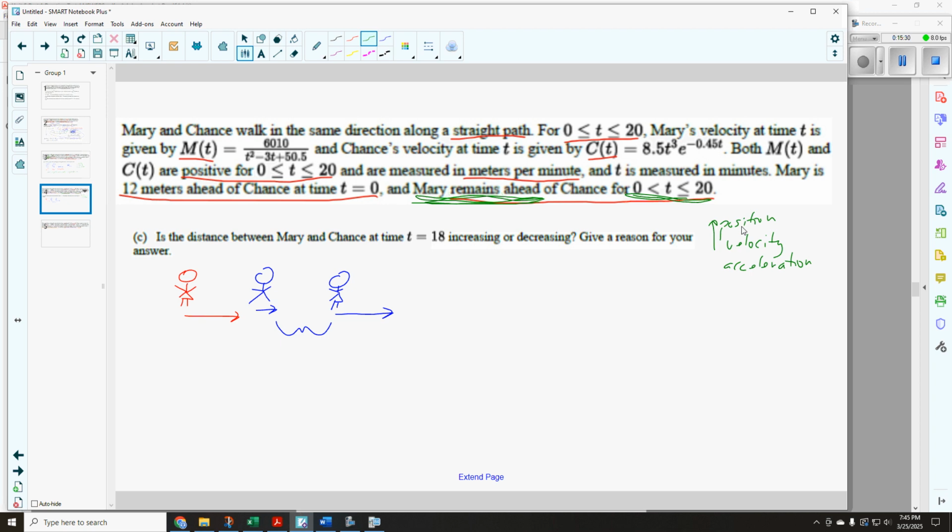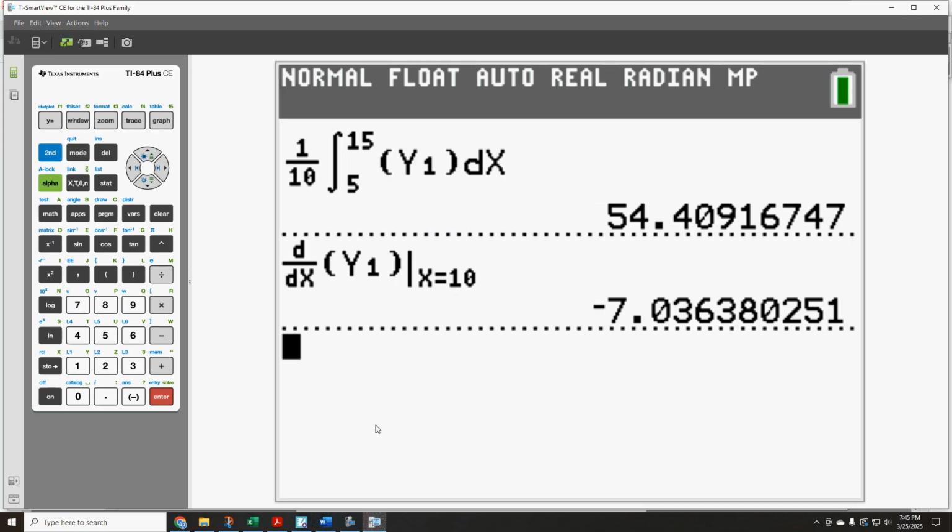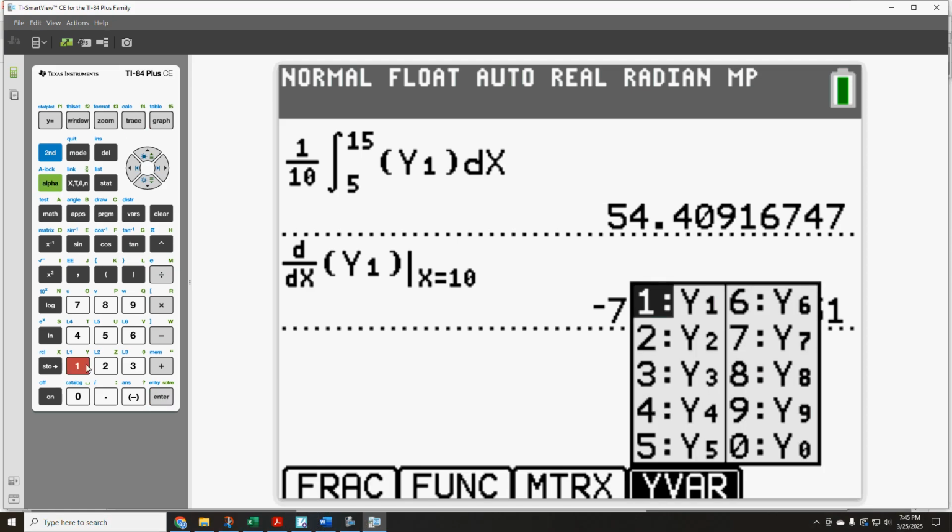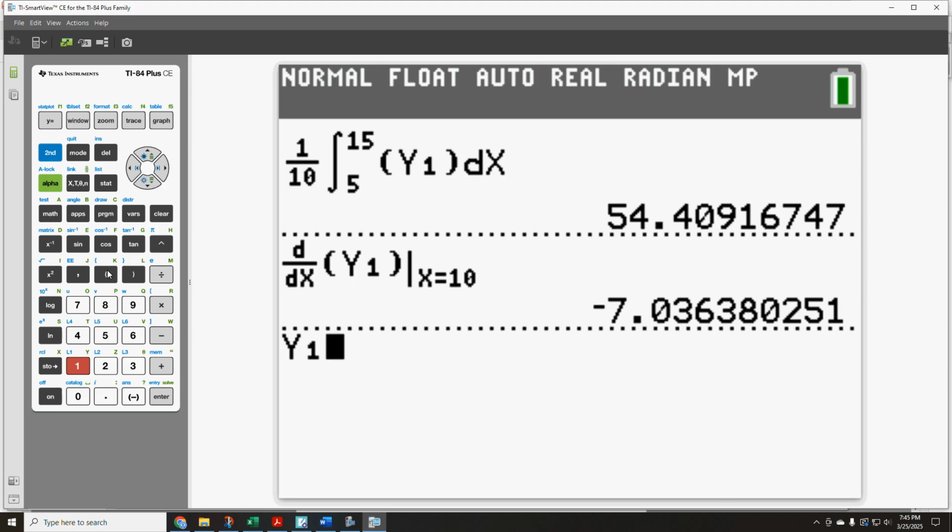So then I thought, oh, good, I don't need to do this. All I need to do is find out whether Mary's velocity is greater than Chance's velocity at time t equals 18. So out comes the calculator. And I'm going to go alpha F4 y1. This is Mary's velocity, and I'm going to evaluate that at t equals 18.